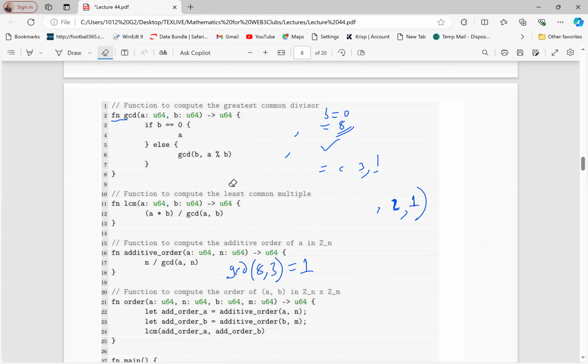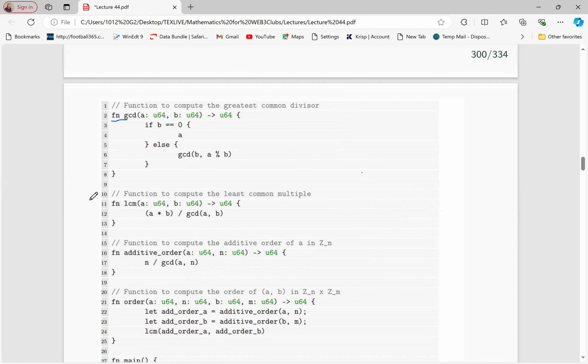Once the GCD has been obtained, that GCD is now assisting us to get the orders of the elements in their respective groups. What is happening is you want the order of 8, 3, because I've already done that, in the group Z10 cross Z5, for instance.